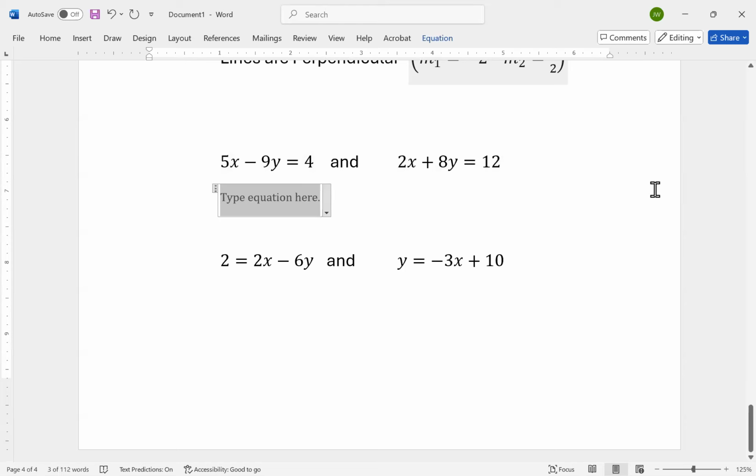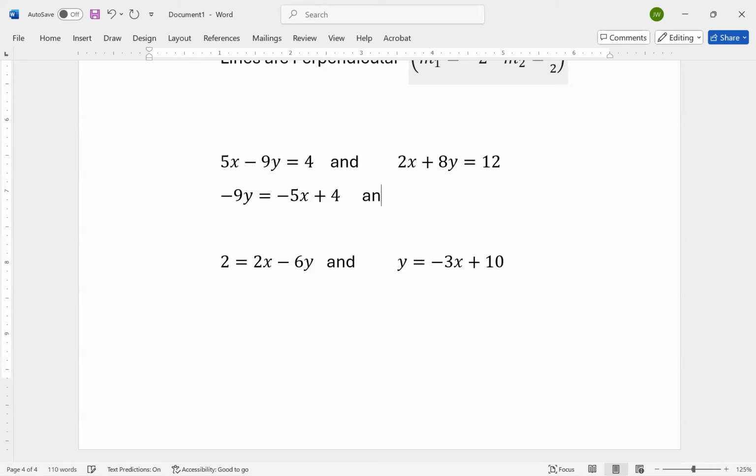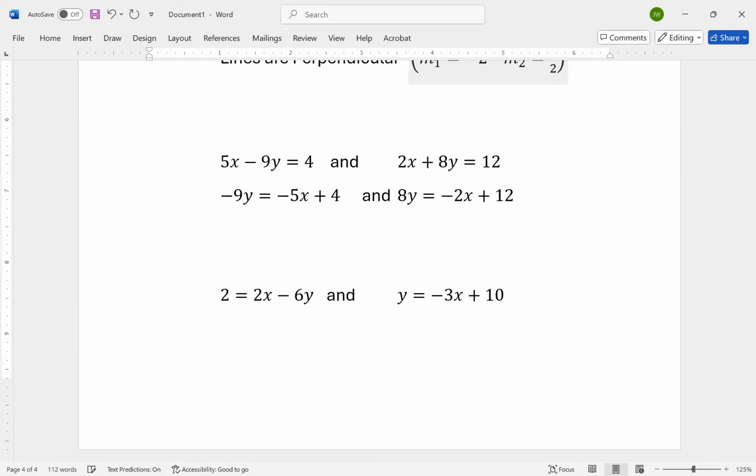That would give me -9y is equal to -5x plus 4. And in this second equation, we would subtract 2x from both sides, giving me 8y is equal to -2x plus 12. One more step in each equation. We'll put these in slope-intercept form.